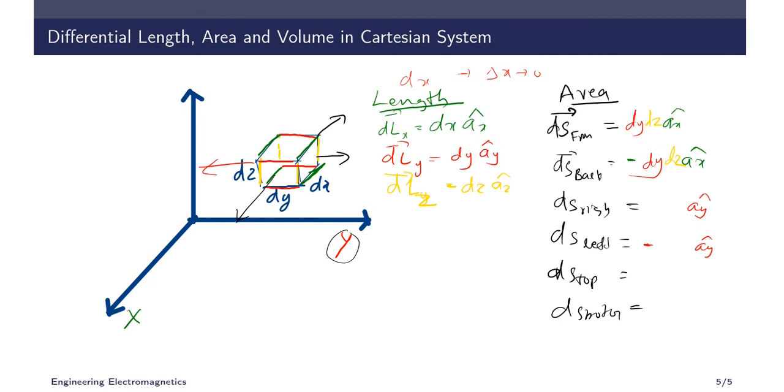What is the area of that surface which has the yellow and green lines, that is x and z? So I can say dx dz ay cap, and this is minus dx dz ay cap. What about top? Top has the direction of the z-axis, so the unit vector is az, whereas bottom is the minus z-axis, so minus az cap.